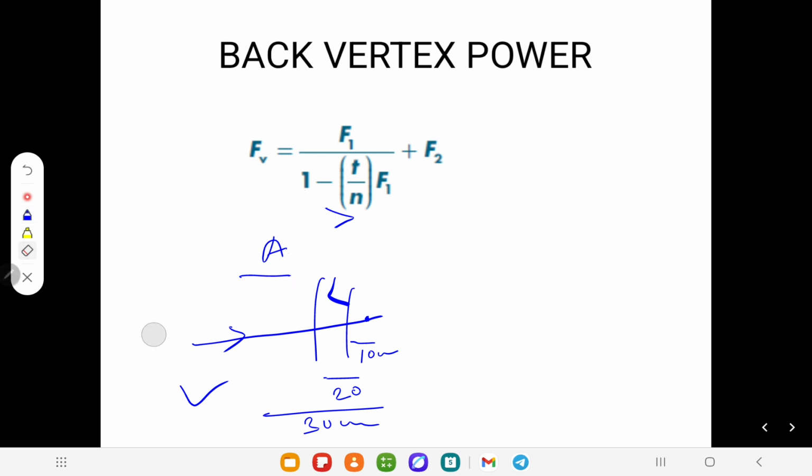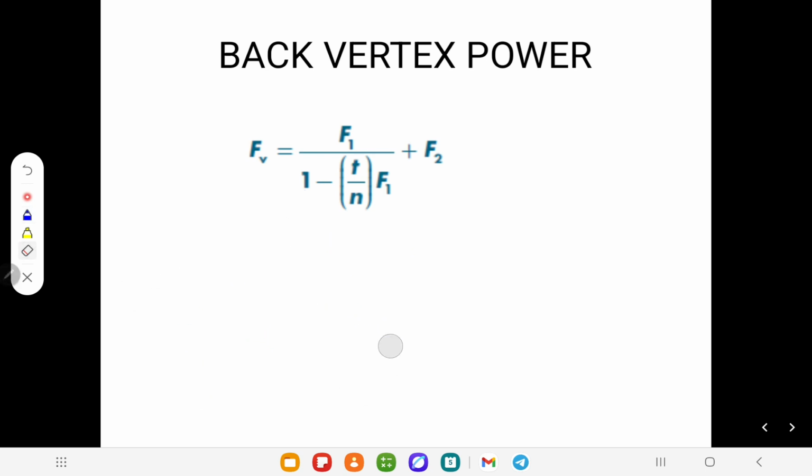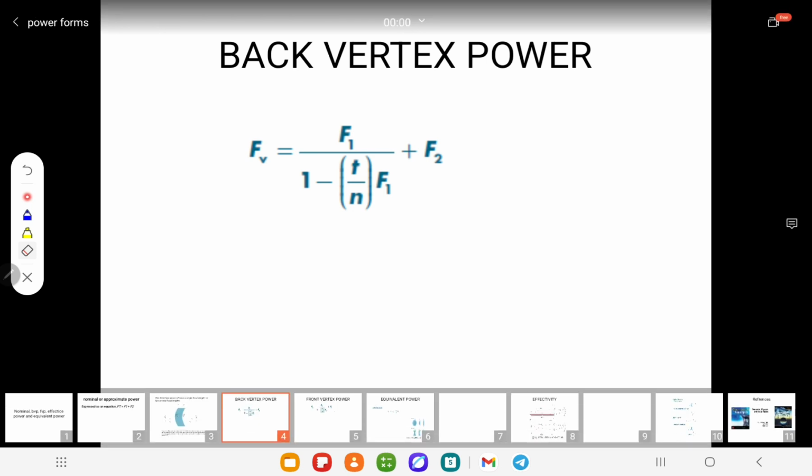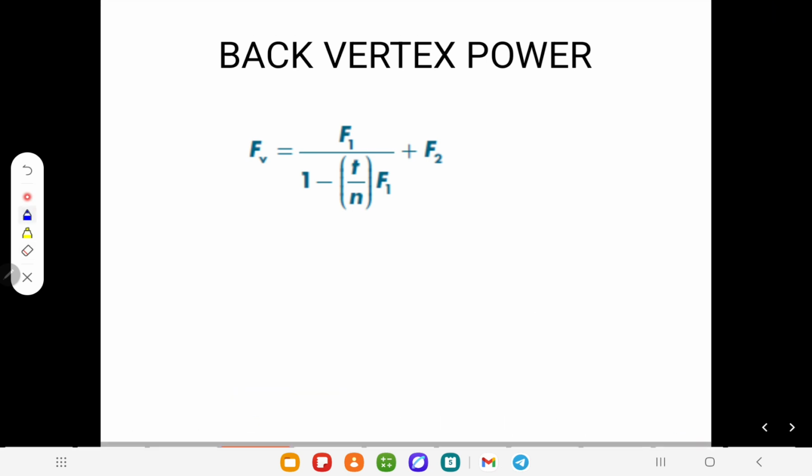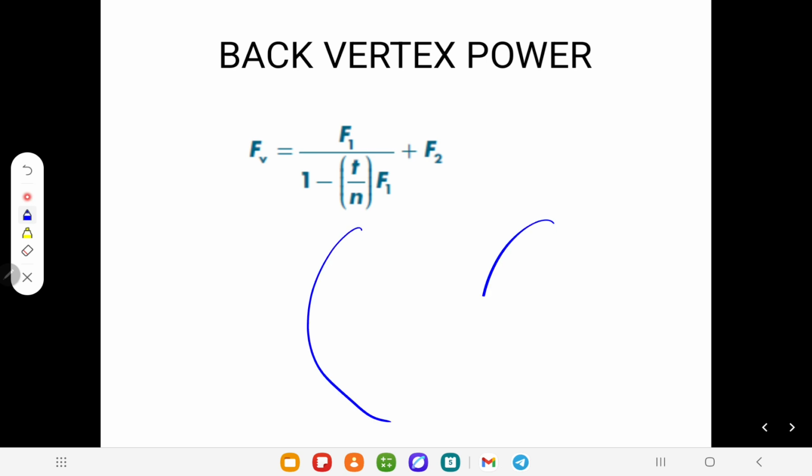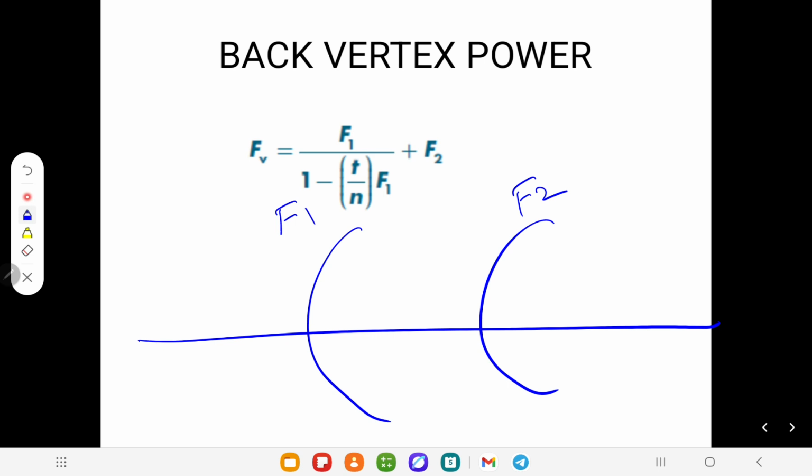Let's erase first and then I'll clear it up for you. Let's take an example. This is the lens, with front surface F1 and back surface F2. Light comes from here, and for example it refracts, refracts less, and here is the focus.